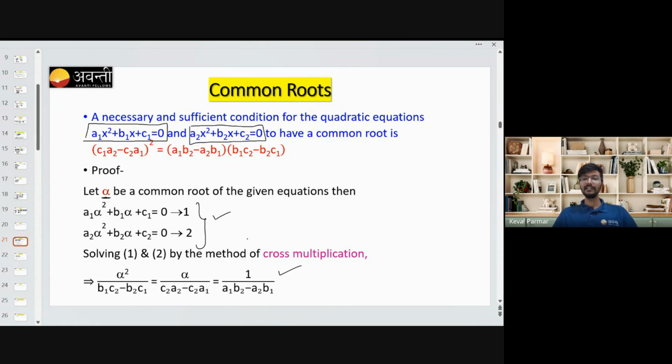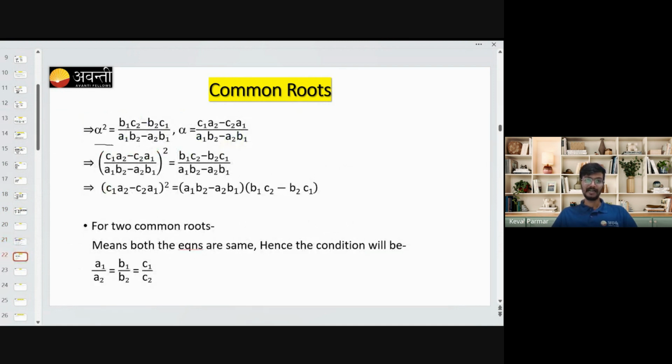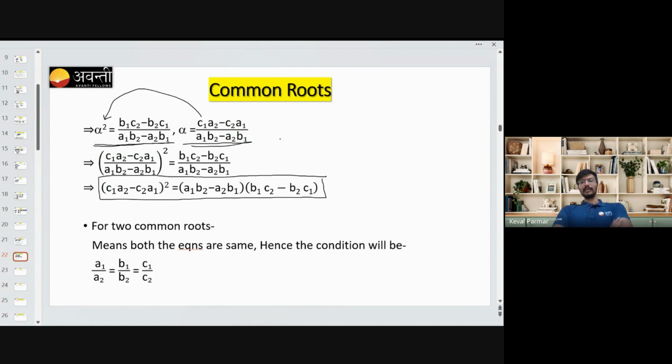And after using the condition, we get the values of alpha square and alpha. We substitute this value here, and we get a very beautiful, well, not so beautiful condition. Now, this is the condition for one of the roots to be common.